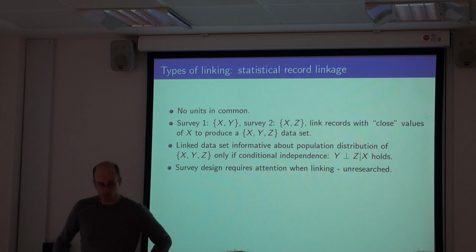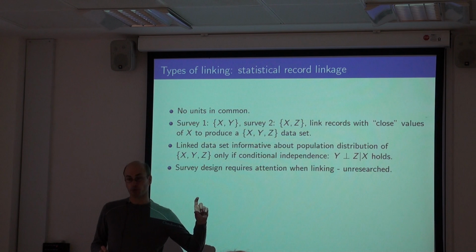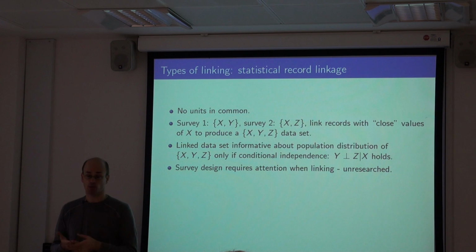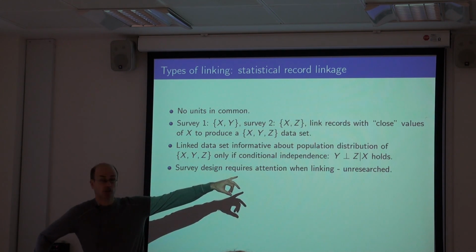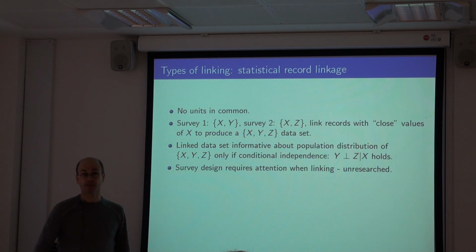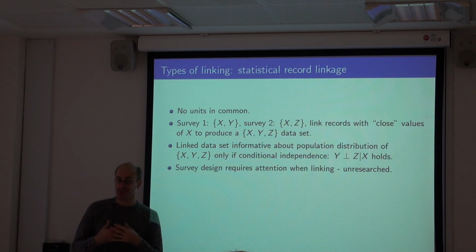So if you have two data sets, two surveys, survey 1 with x and y and survey 2 with x and z, and you want to create a sample with x, y, and z, if this condition holds, you can simply proceed statistically. If it doesn't hold, but suppose you have from a different source information about the correlation of y and z, then you can still proceed by bringing that information to bear.